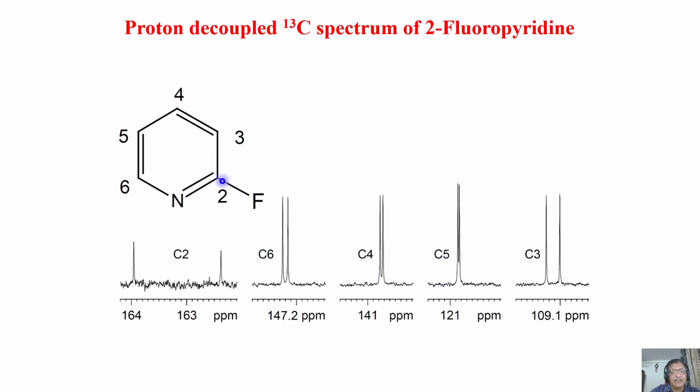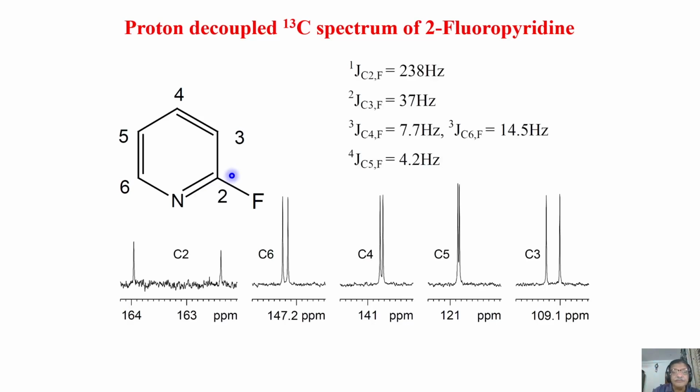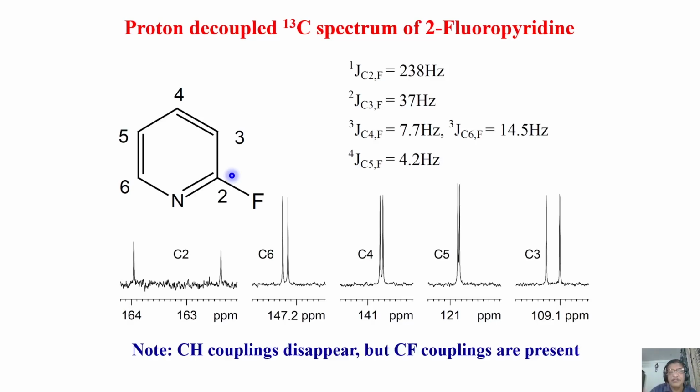Carbon 5 is this, which is four bonds away. So all the carbons can be assigned based on the strengths of the coupling. Very easy in this case. In the proton decoupled carbon-13 spectrum, based on the coupling strengths of the heteronuclei between carbon and fluorine, all carbons can be assigned. We don't need to worry about the proton coupling at all in this example.